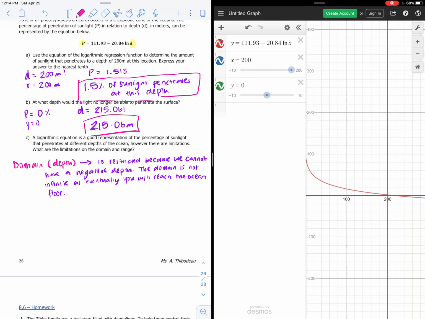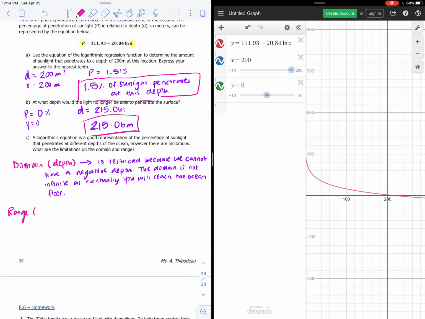All right, so we've kind of narrowed our domain down on either side. So our depth cannot be negative, but it can't be infinite as well. Depending on where you are at that ocean, you will eventually reach some sort of end point.